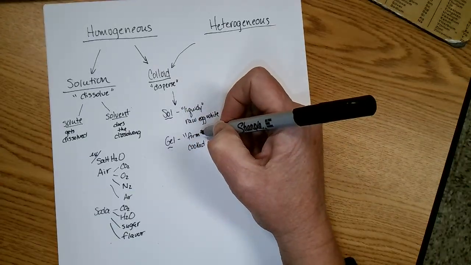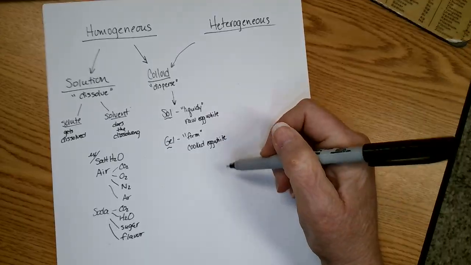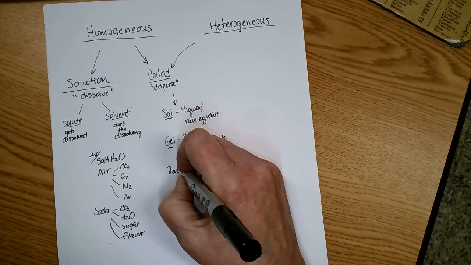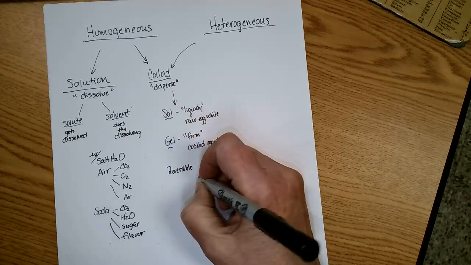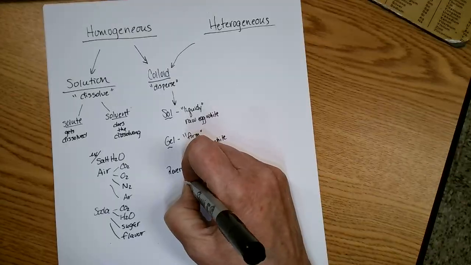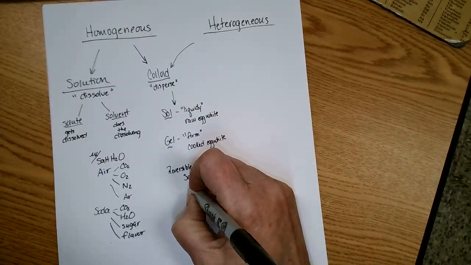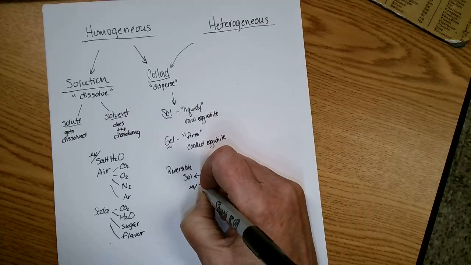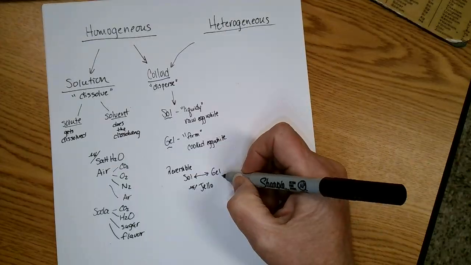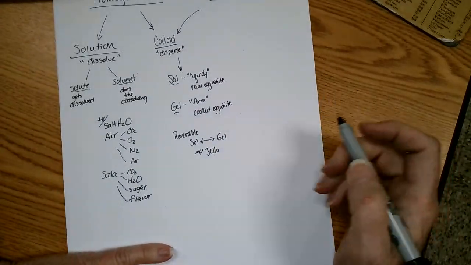One's liquidy, one's firm. But sometimes colloids can be what we call reversible, where they can go back and forth between the sol and the gel. A good example of that would be Jell-O. Jell-O in its liquidy form is when it's hot, but when you cool it, it gels and it gets jiggly, right? That's a reversible colloid.